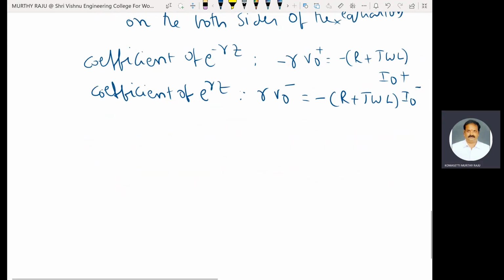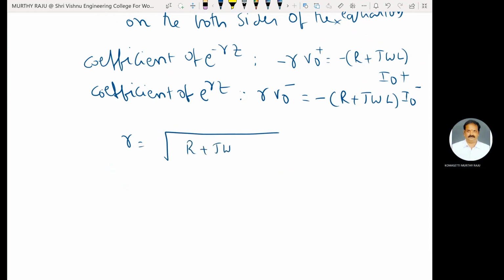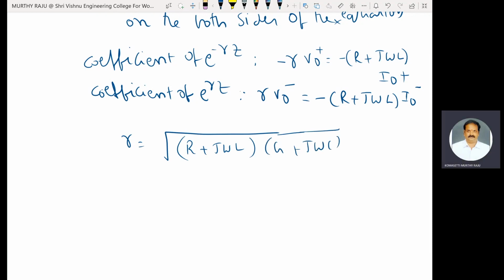Where gamma is the propagation constant, square root of (r plus j omega l) into (g plus j omega c).